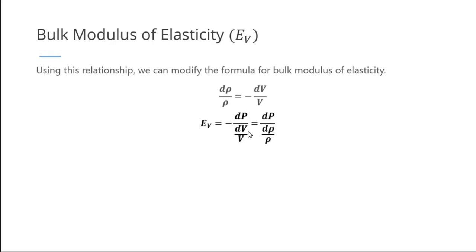So, ito pwede natin itong palitan ng fractional change in material density. Yan. So, dahil negative ito, negative times negative, magiging positive na siya. Finally, we have bulk modulus of elasticity is equal to density multiplied by differential pressure divided by differential density.